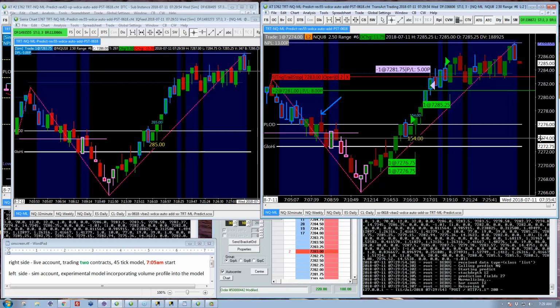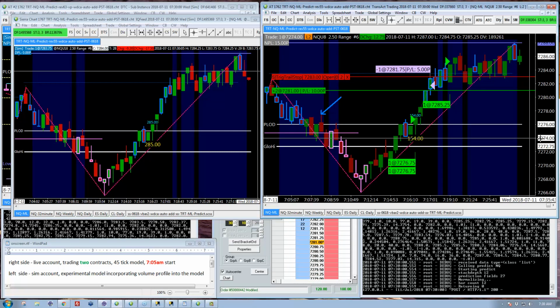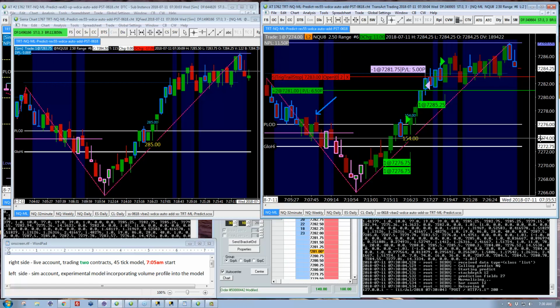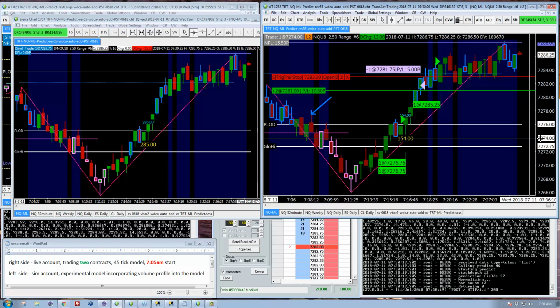So there's a sort of internal war going on with me because I'd like to trail by more, to give the market room to pull back. But what the data shows pretty clearly is that if you use a 20 tick trail, you get taken out more often than you'd like, but you end up more profitable than if you use a 30 tick trail.